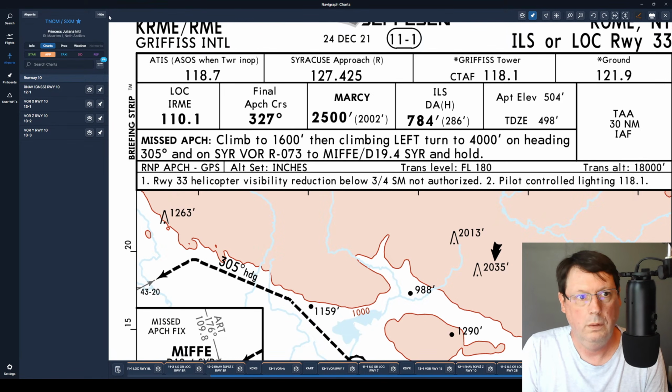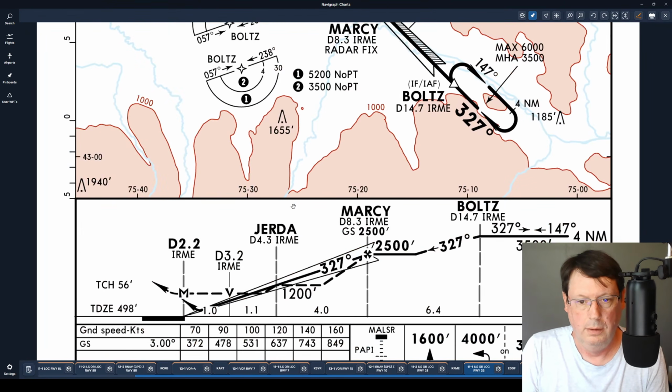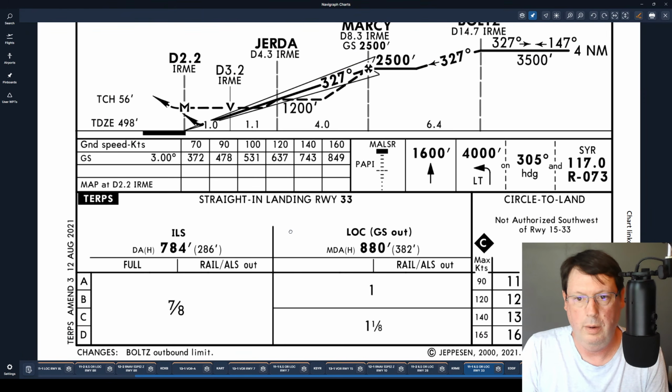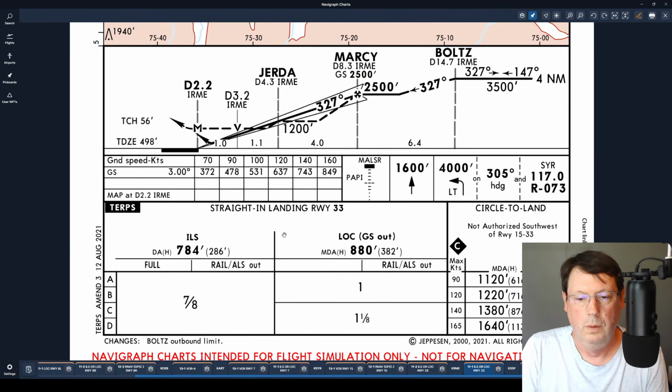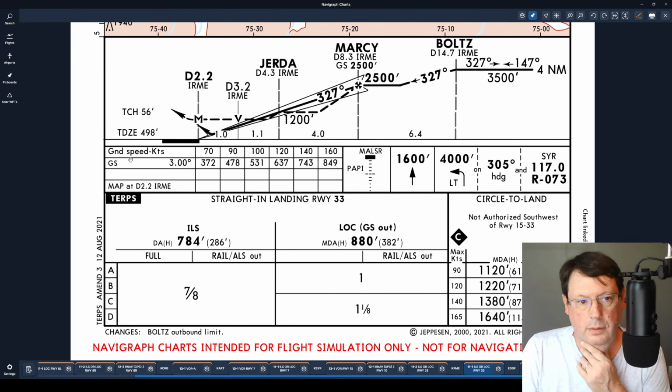All right, so coming back, where are we now? Okay, so now we've looked at the profile view, the side view here. These distances, by the way, are from the threshold of the runway. So this 1.0 is 1 mile from this point to this point from the threshold of the runway.